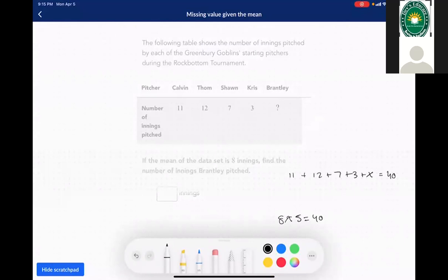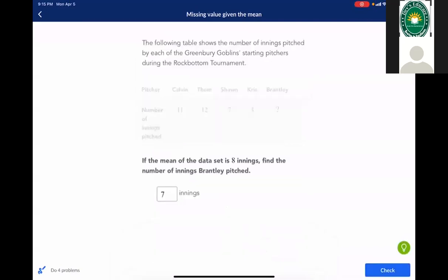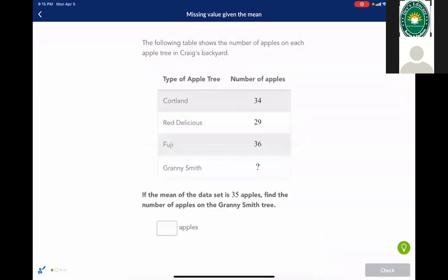All right. So then we do 40 minus 11 equals 29 minus 12 equals 17 minus 7 equals 10 minus 3 equals 7. So x equals 7. So 7 innings.